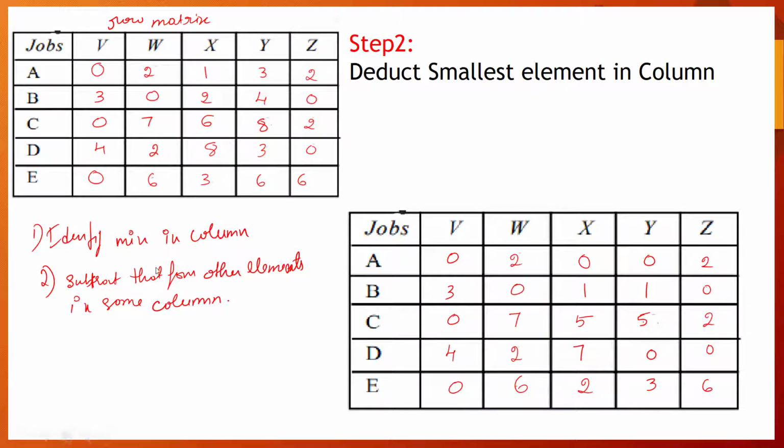So we have done the same. So in the first column we have 0, so if you subtract 0 from any other number it will be the same, so the same we have to write.